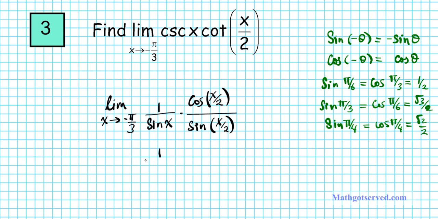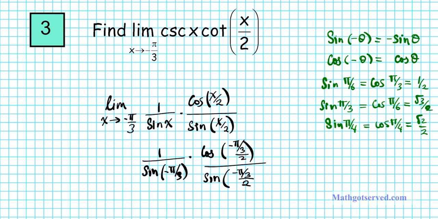So we're going to have 1 over sine of negative pi over 3, times cosine of x over 2, which is negative pi over 3 over 2, divided by sine of x over 2, again negative pi over 3 over 2.